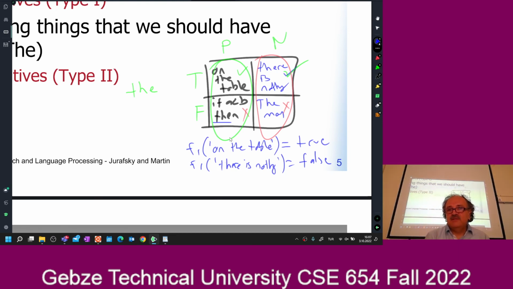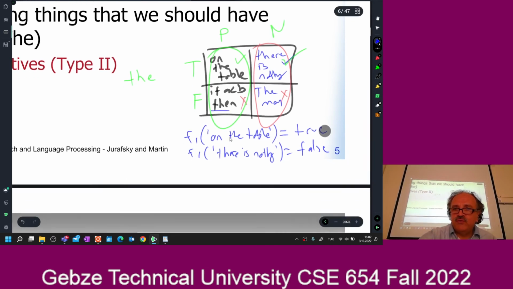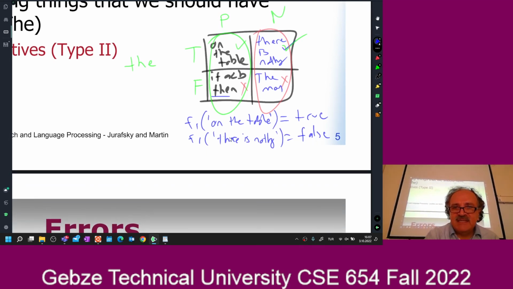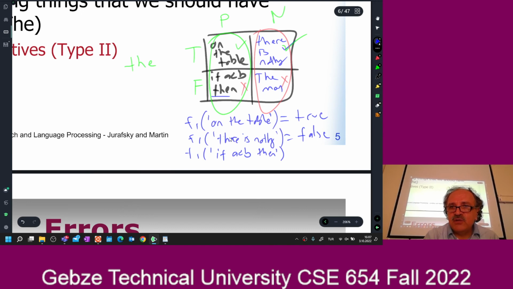So f1 is such a function that it returns true for this sentence, it returns false for this sentence, and if a less than b, then it returns true for this one, and for the final one, the man, it returns false.